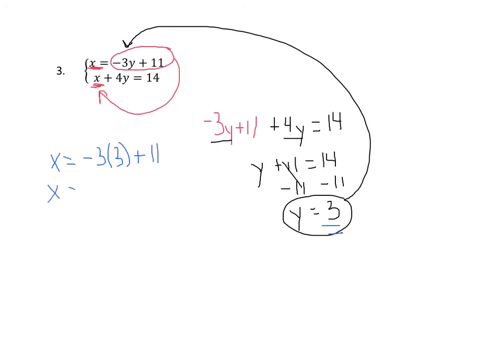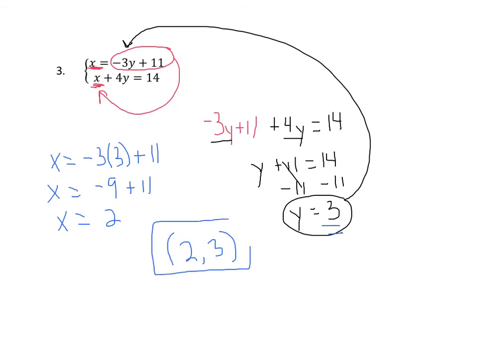So x is going to equal negative 3 times 3, which is negative 9, plus 11, and so x is going to equal 2. So my ordered pair is 2, 3. This is my solution. Now go ahead and check it in the original system to make sure it works, and I'm going to leave that for you to do.